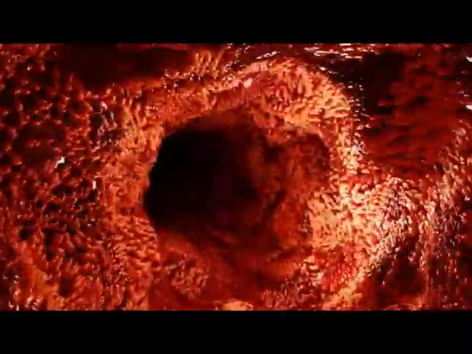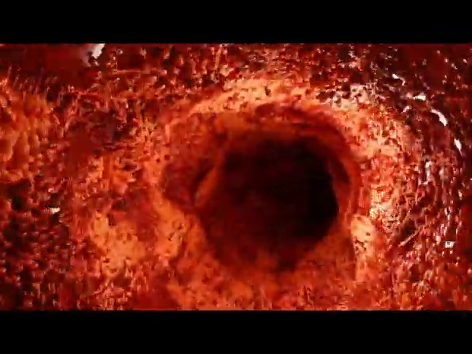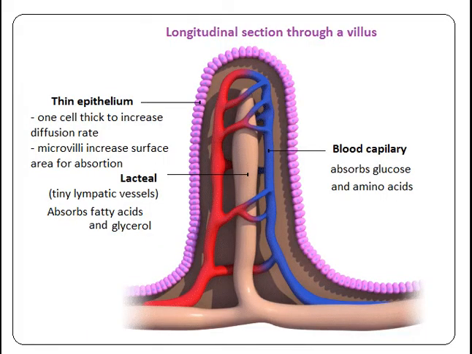Because the villi that are present in jejunum are in maximum number and also they are of maximum height, and thus it facilitates absorption. So how does absorption take place? Well, as you would remember, the villi is made up of a single layer of epithelial cells, and inside the villi there are blood capillaries and lacteals.